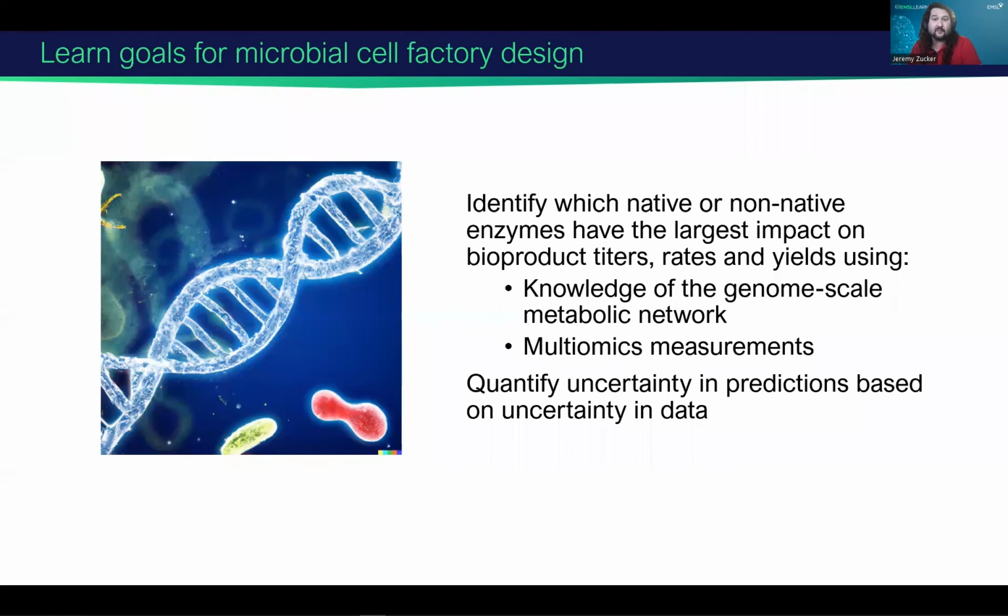In particular, this algorithm can help you identify which native or potentially non-native enzymes have the largest impact on bioproduct titers, rates, and yields. What it requires is simply knowledge of the genome scale metabolic network, and multi-omics measurements, in particular metabolomics and proteomics.